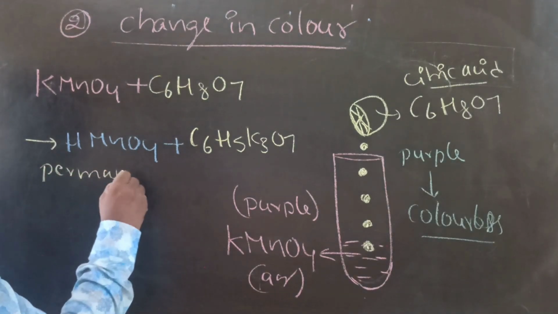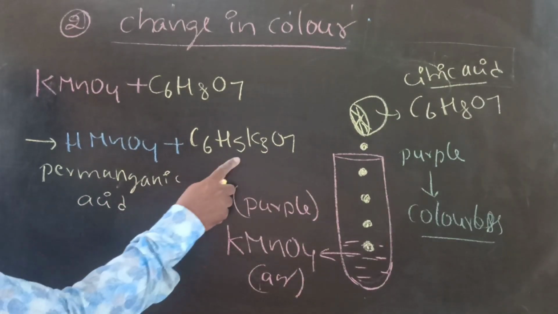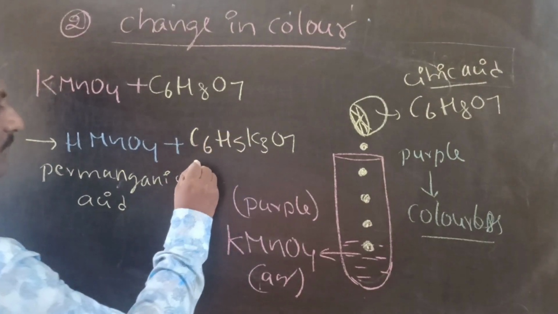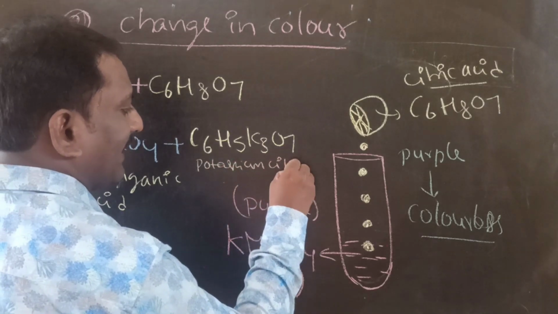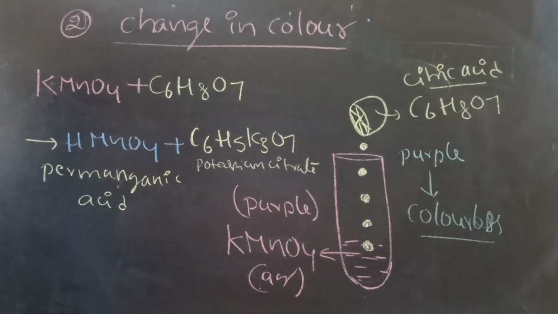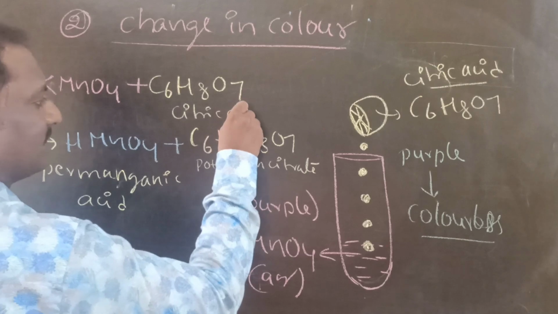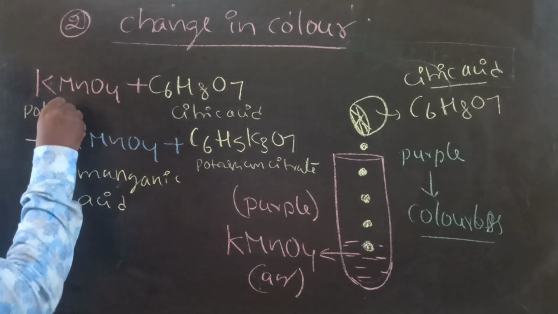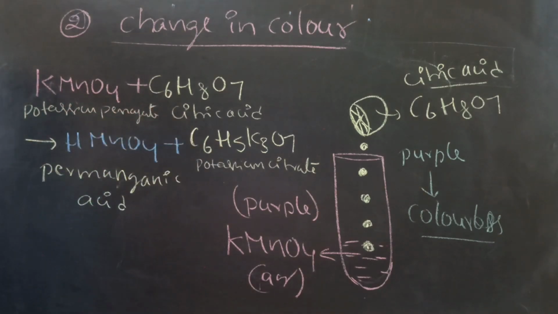This one is potassium citrate. This one is citric acid. This one is potassium permanganate. So this reaction is an example of change in color.